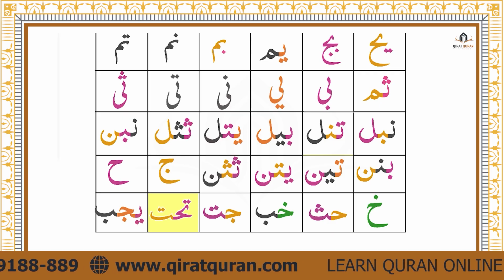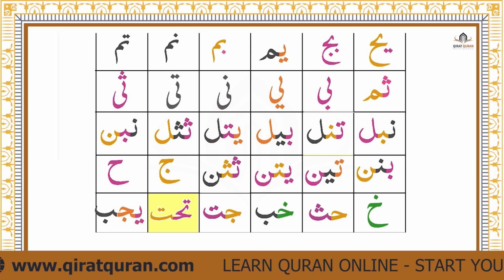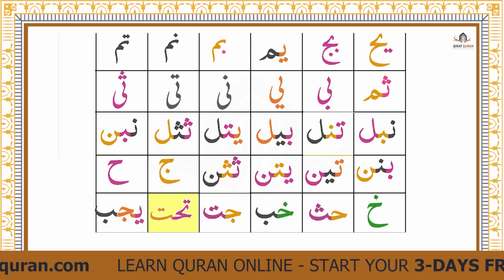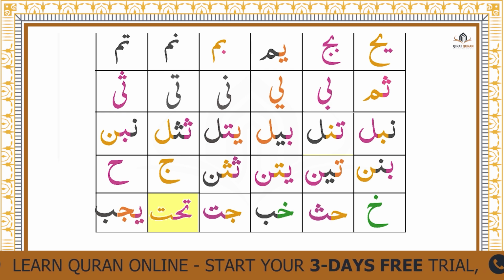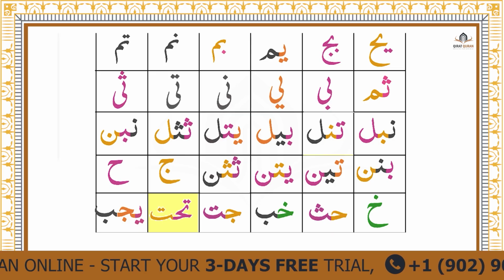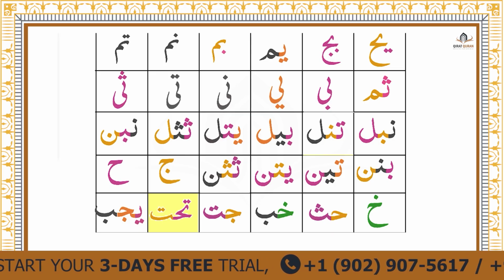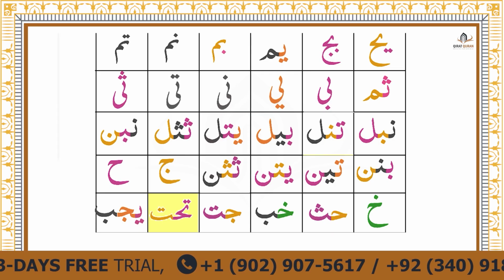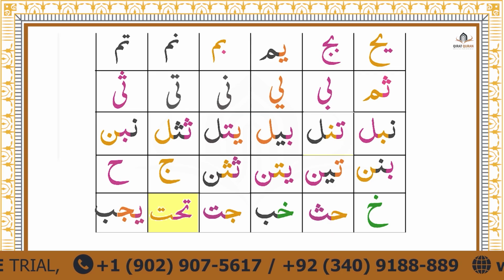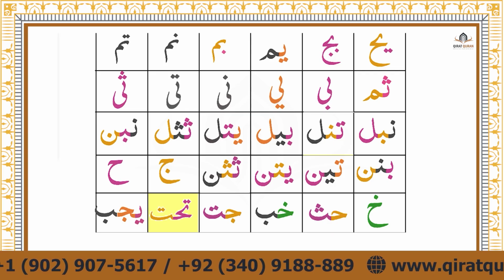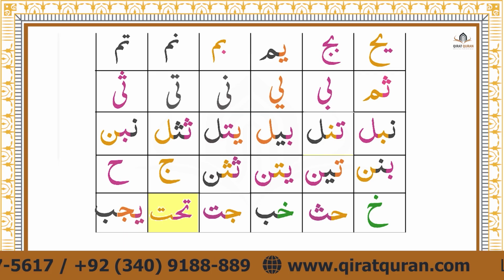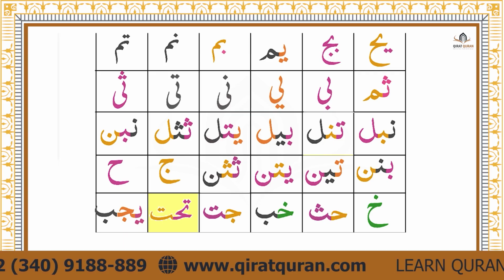So that's how we can easily recognize the ha. The first letter is ta, then the second letter is ha, and the last letter is also ta, because it has two dots at the top. So first one is ta, then ha, and at the end ta.